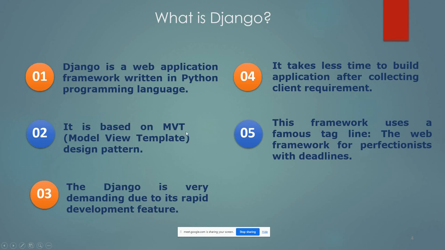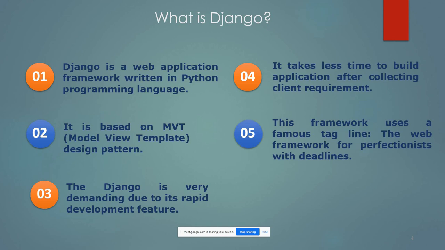The template is used to implement our front-end designing process. It is nothing but just one HTML file, which is incorporated with Django code, Python logic. So both, HTML plus Python logic, work together in the template. Here we don't require the controller.